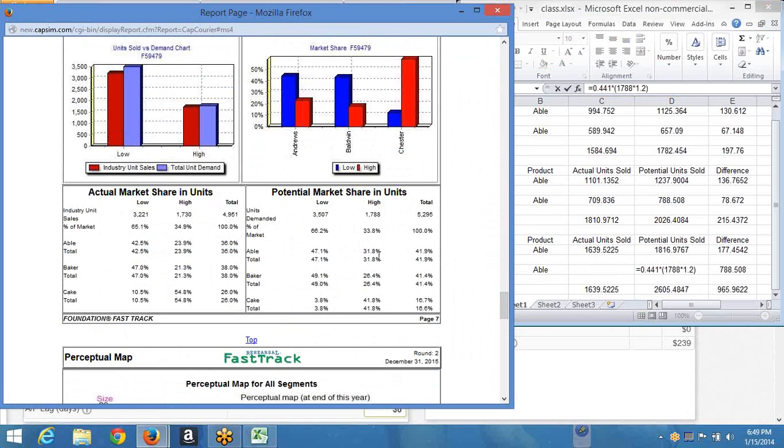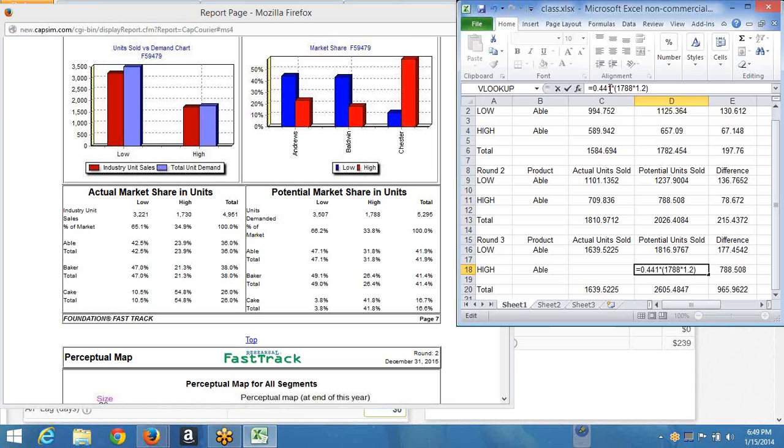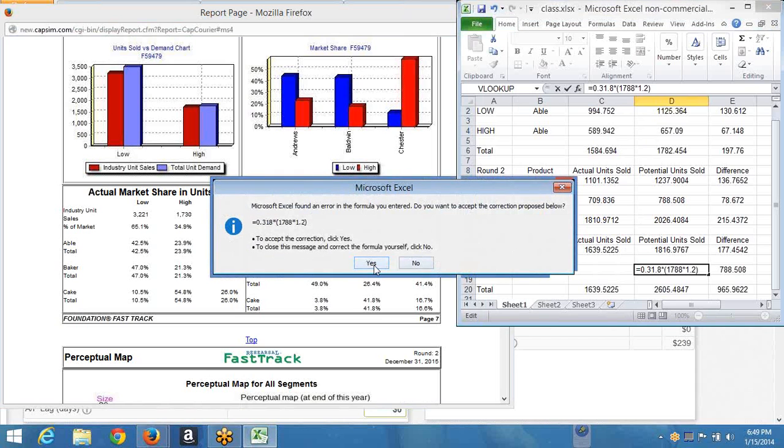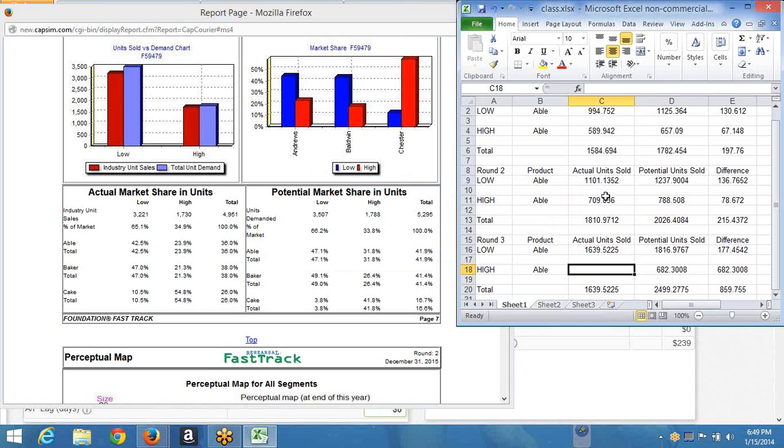and I see that I could have sold, for the high-tech market, my potential was 31.8%. So it was lower than last year. Last year I could have sold 44%. This time I could only sell 31.8. So I go to 31.8. And that's probably because my product drifted to the low tech because people want smaller, better products.